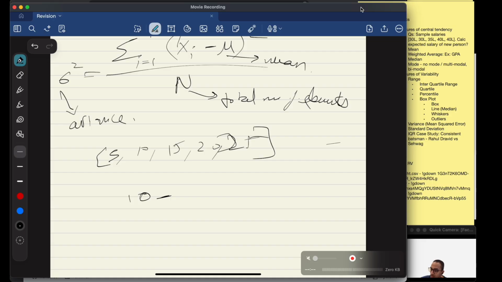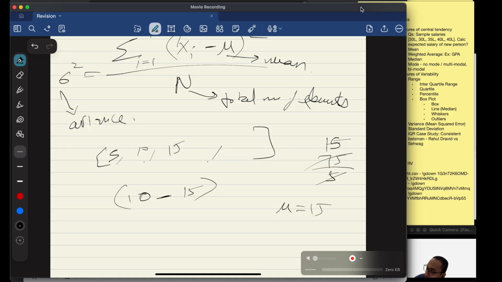So the mean here is 75 by 5, which is 15, right? So 10 minus 15. Oh, I actually made it complicated. So let's take 3 only.